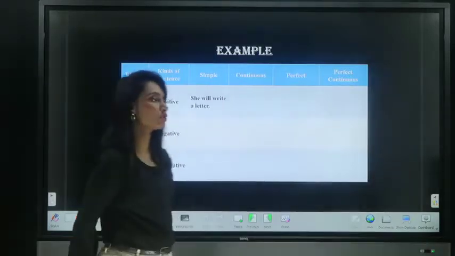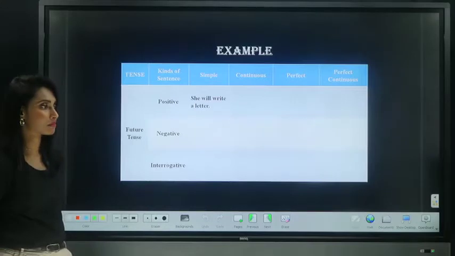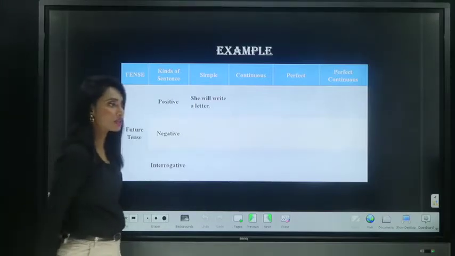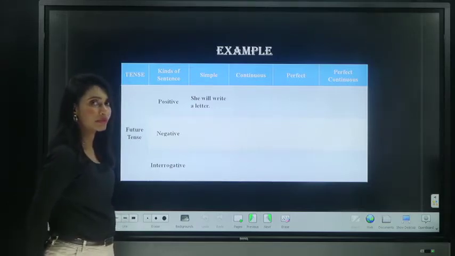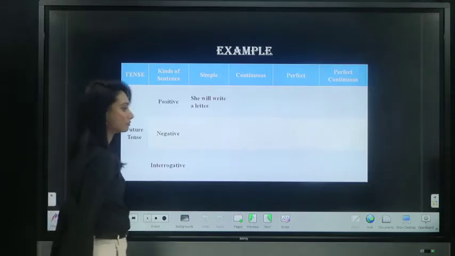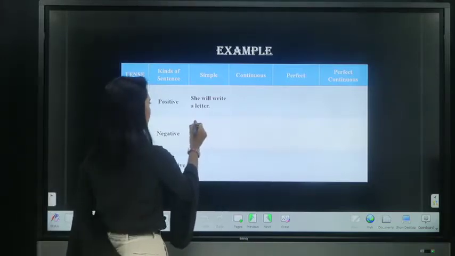Simple future negative and simple future interrogative. She will write a letter, and negative is where will we place not? Where to write that not?